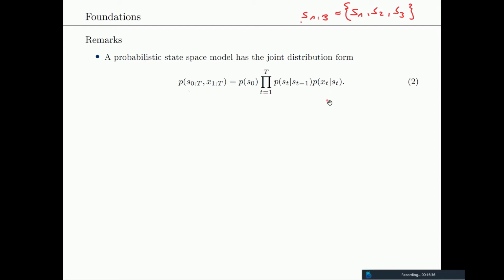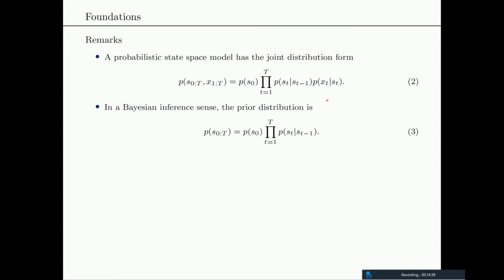I think on one of the next slides I will have a little bit more explanation of what's crucial here. But at this point I basically want to stress that a probabilistic state space model defines a joint distribution over all state random vectors and all observation random vectors.